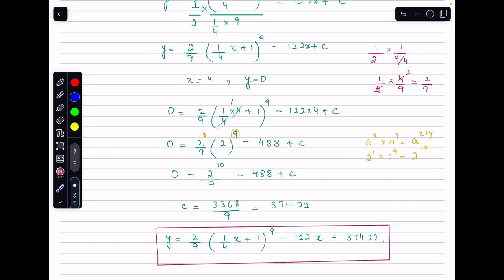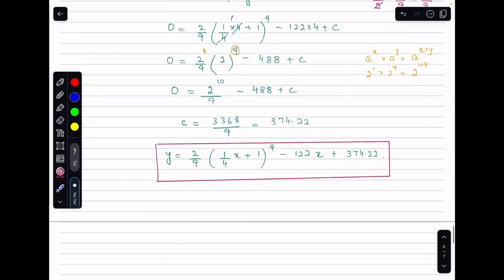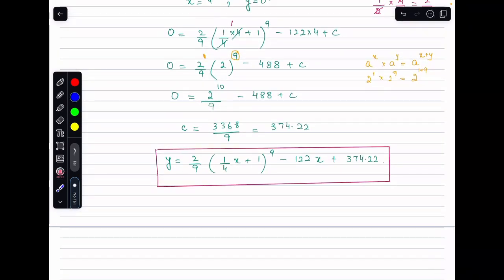So y then shall be equal to 2 by 9 times (1 by 4x plus 1) to the power 9 minus 122x plus 374.22, and this is going to be the equation for y in terms of x, or we can say that this is actually the curve equation for the given second derivative.